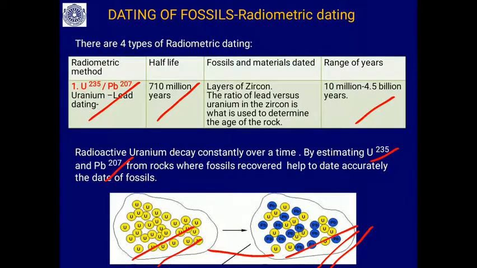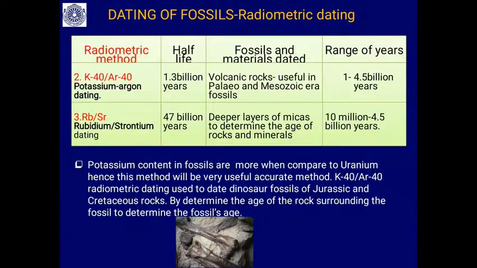We estimate the amount of uranium and the amount of lead. It is reduced to half in 7-10 million years, and further to half by adding another 7-10 million years. Likewise, we can date the rock and also the fossils found on the rock.